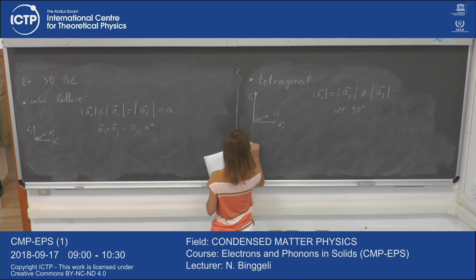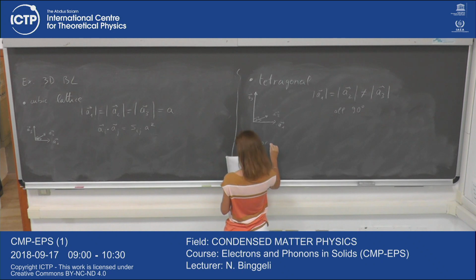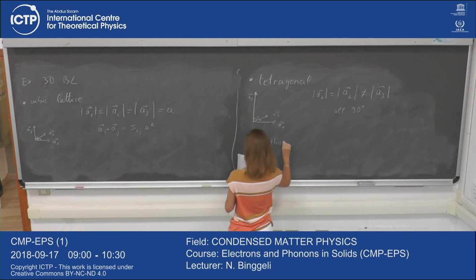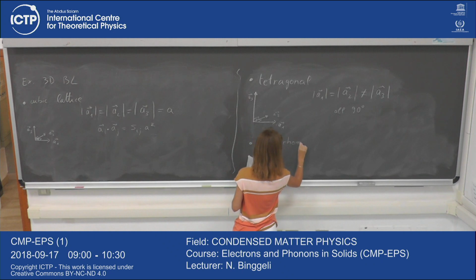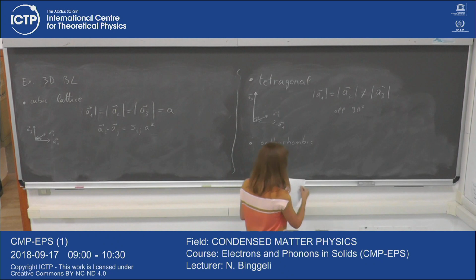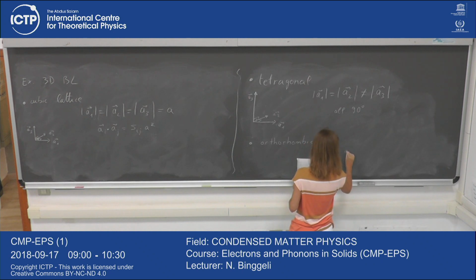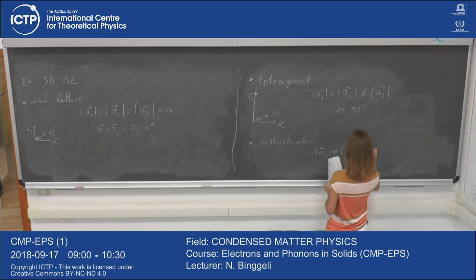And then, lowering even further the symmetry, I have the orthorhombic lattice. In this case, a1 has a different length than a2, which has a different length than a3, but all the angles are 90 degrees.